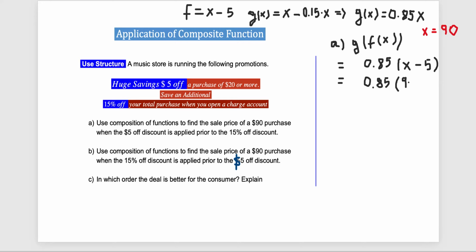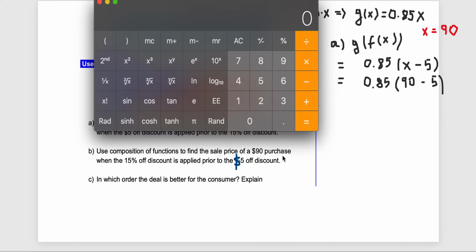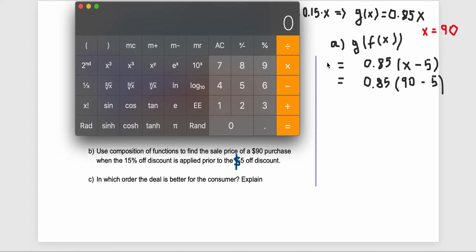Here is 90 minus 5. First inside the parentheses, 90 minus 5 is equal to 85.